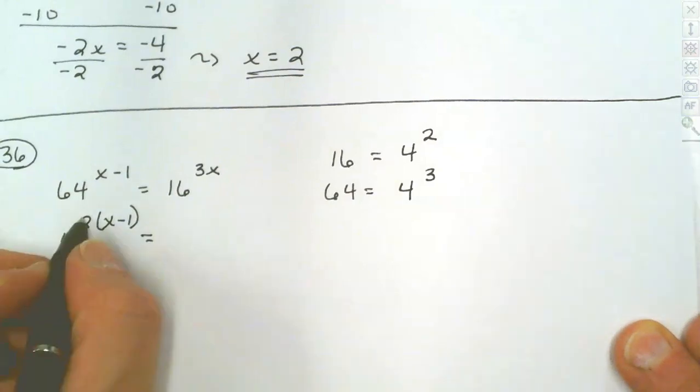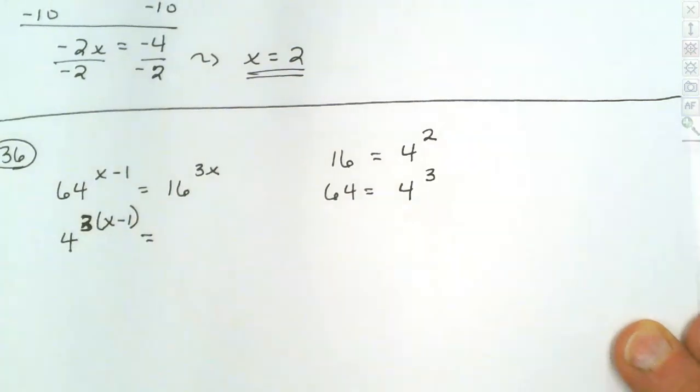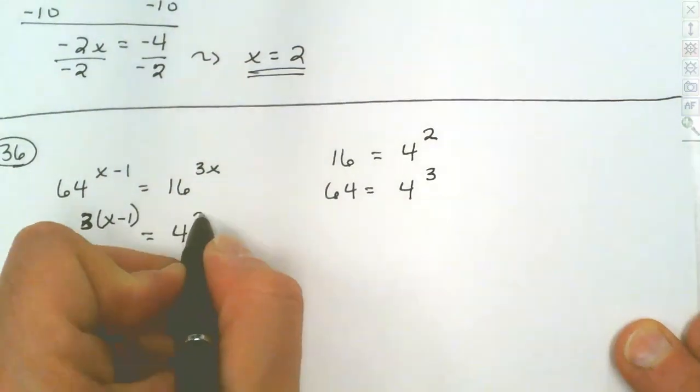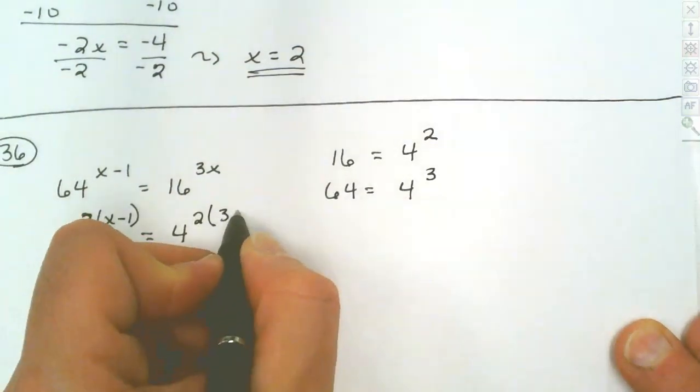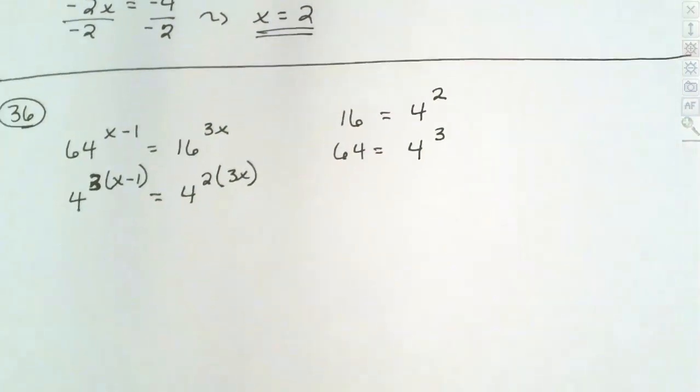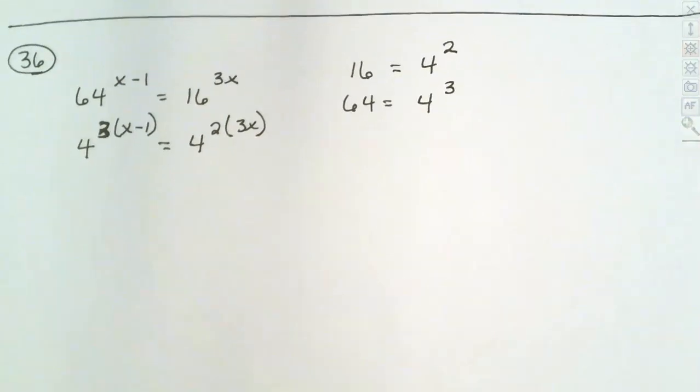Or sorry, 3rd power. It should be 3 there because it's 64. The other one is the 16, so that's going to be 4 to the 2, and multiply that by the 3x power there. You see how I got the common bases? Is it making sense with those? And these are not difficult. They're nice, easy things to end with. As long as you see the pattern, you just got to find the numbers that make it work.